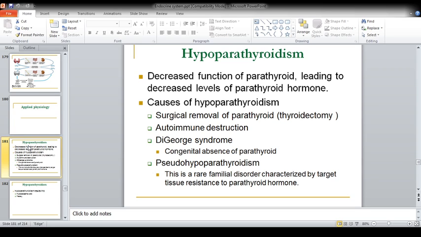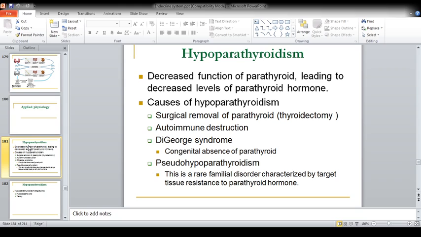Sometimes the body generates some autoimmune reaction against the parathyroid gland, that is the cells of the body which would normally destroy the bacteria and the foreign structures would identify the parathyroid gland as a foreign structure and start destroying our own parathyroid gland. In that case, hypoparathyroidism can occur.